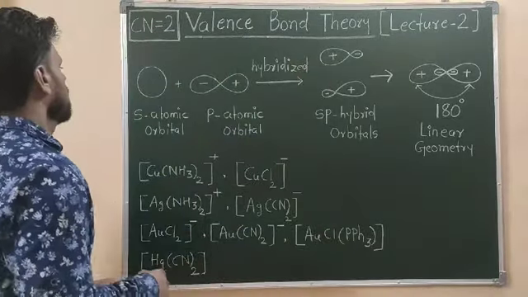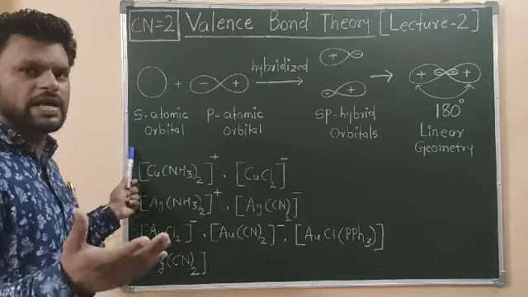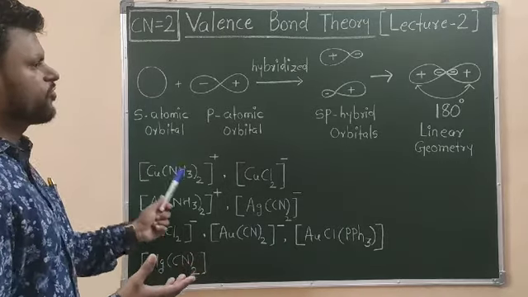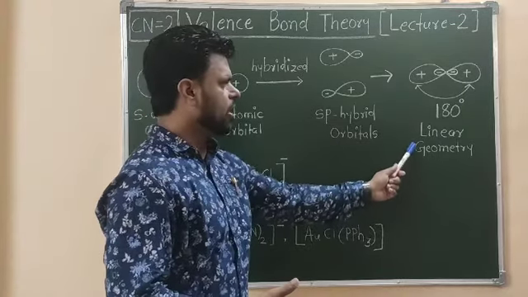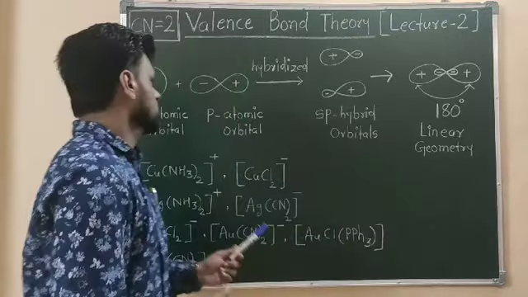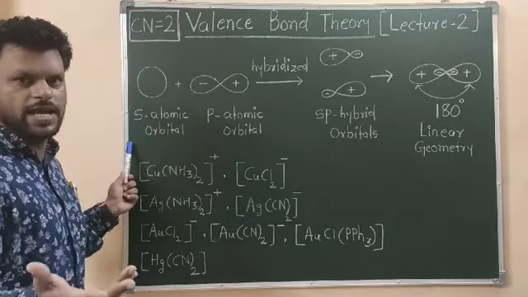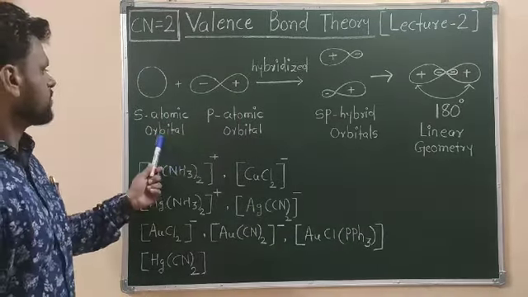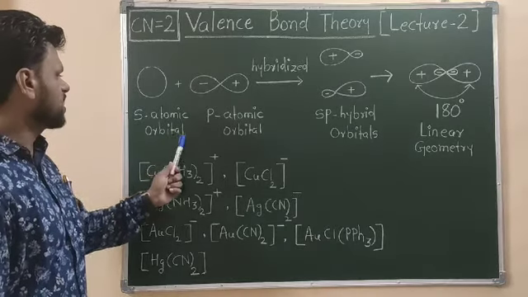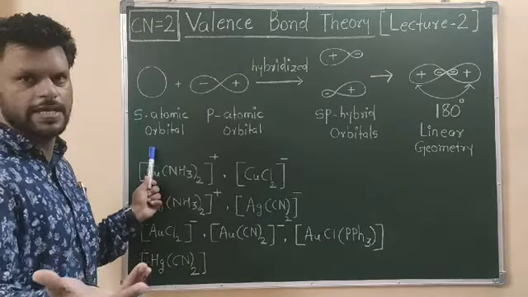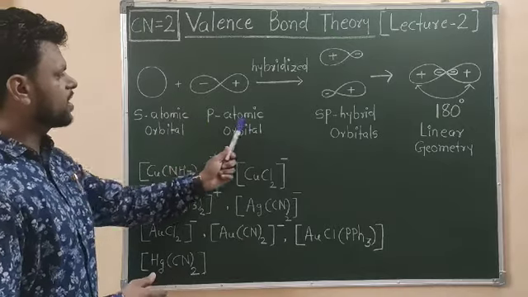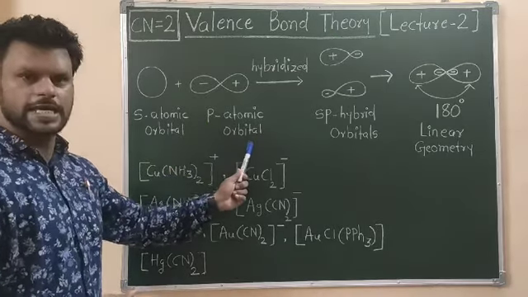Let's say a metal ion now wants to form a linear or diagonal geometry. So the given metal ion or metal atom has an s atomic orbital, which will be empty, and p atomic orbitals, again empty.